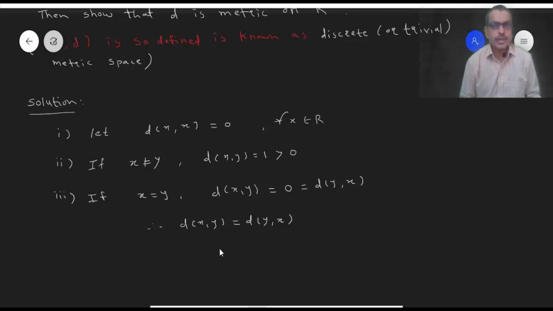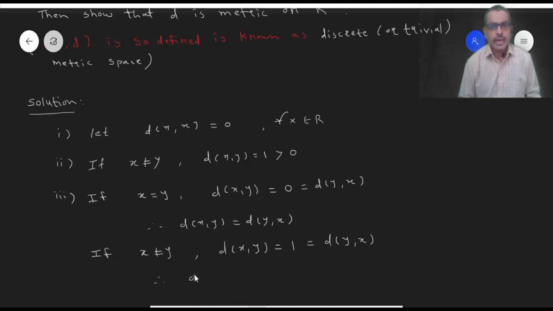But in the discrete metric space, we have two cases: x is equal to y and x is not equal to y. Now let us see for x is not equal to y. If x is not equal to y, then the distance from x to y is equal to 1, and also the distance between y and x is equal to 1.